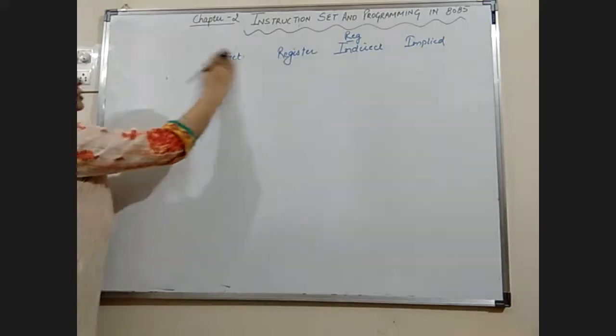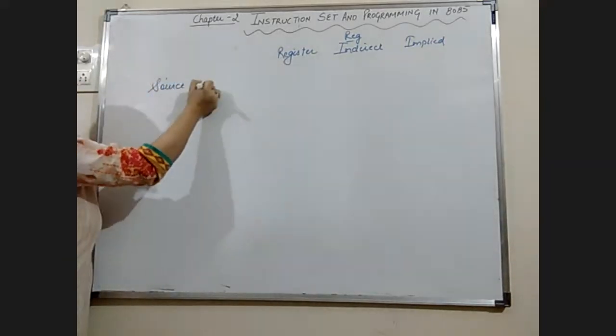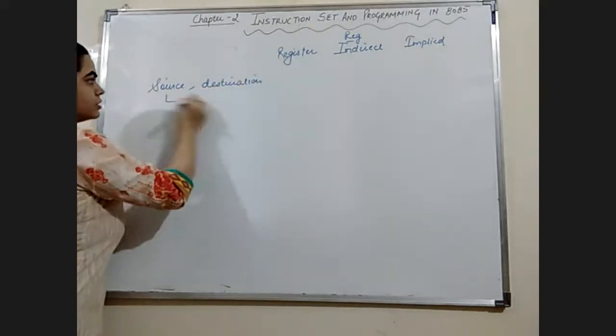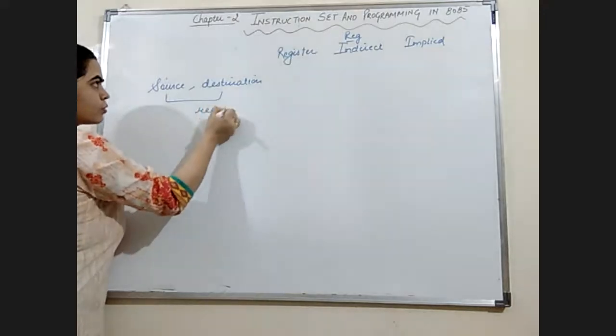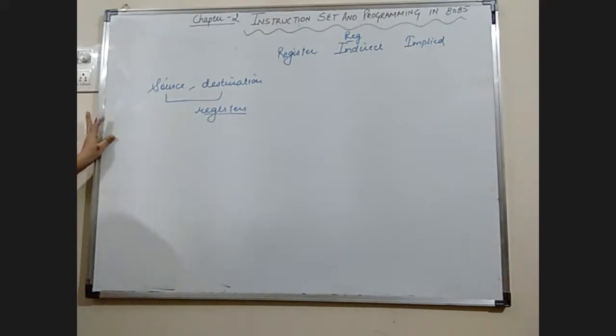So both the source as well as the destination are registers. Basically, an instruction where both the source as well as the destination operands are registers, we can call that a register addressing mode.